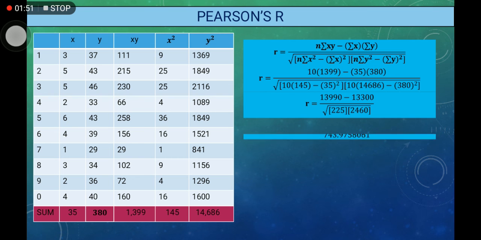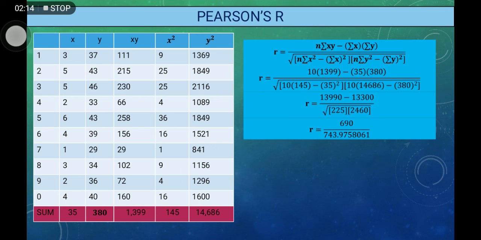So, i-compute ulit natin sila. 13,990 minus 13,300 equals 690. Square root of 225 times 2,460 equals 743.9758061.